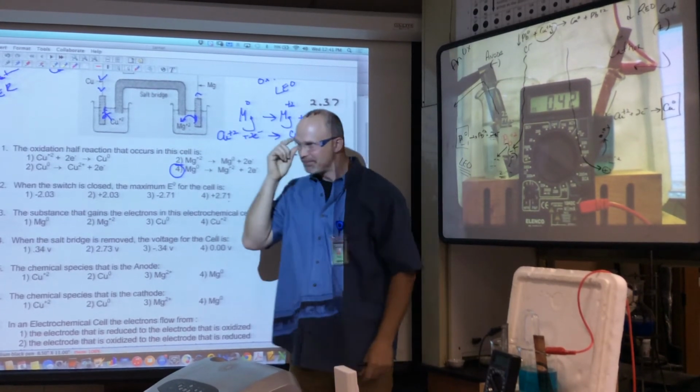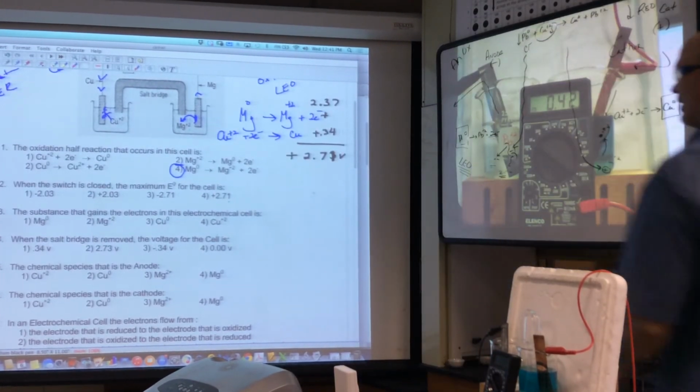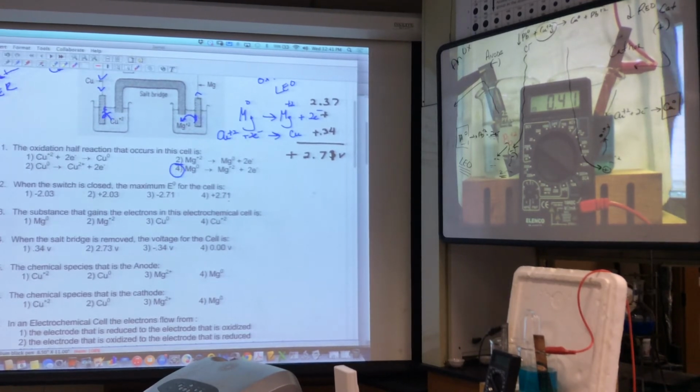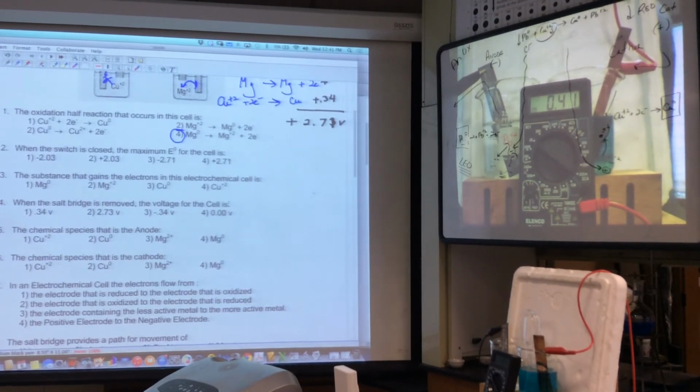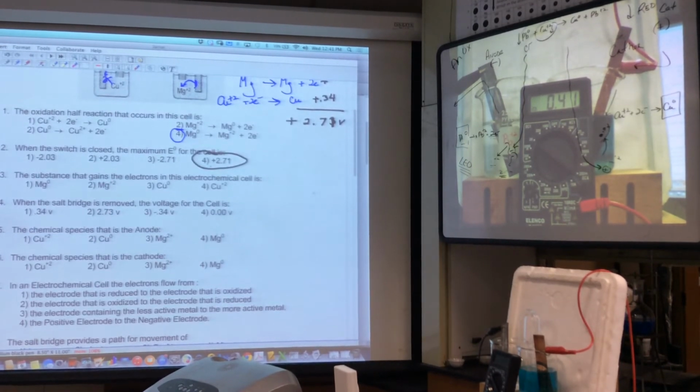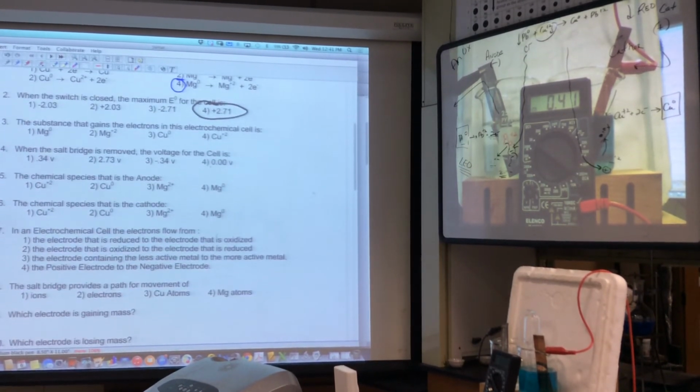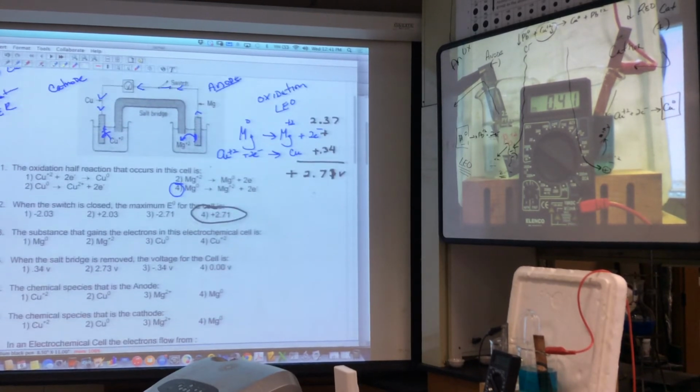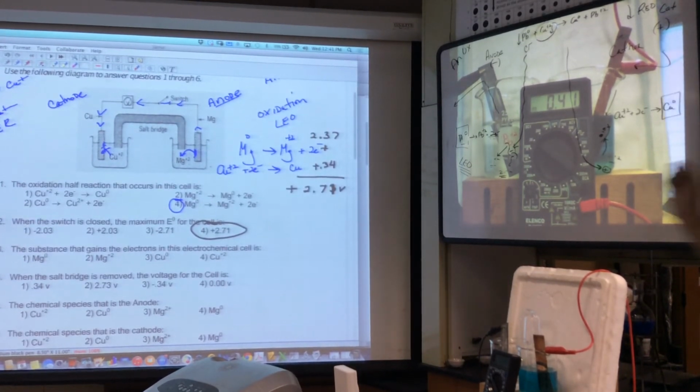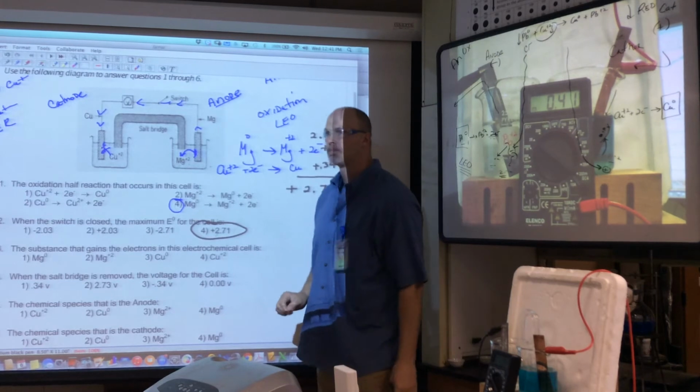All right, now, next question. So number 2 is definitely positive. Number 4. Okay? 3, the substance that gains electrons. Who gains electrons? Careful. Who specifically gains electrons?